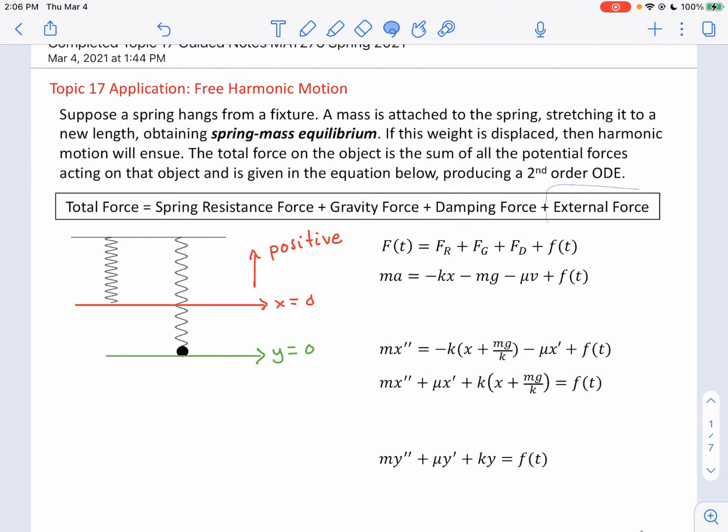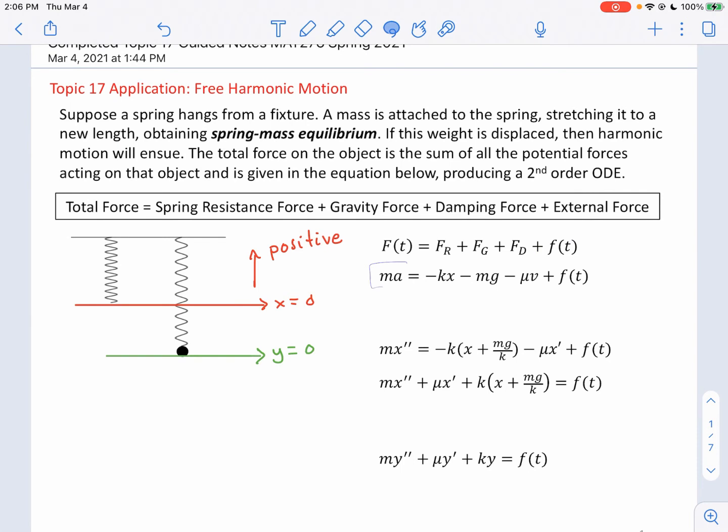And then there's potentially external forces, something else that's driving the motion of this mass. So symbolically, we have the force as a function of time composed of these four components: the spring resistance force, the force of gravity, the damping force, and a potential external force.